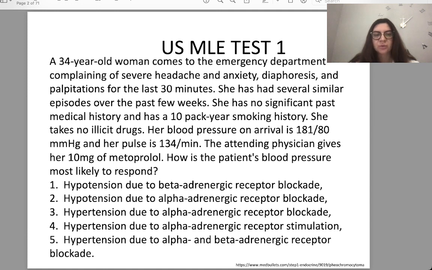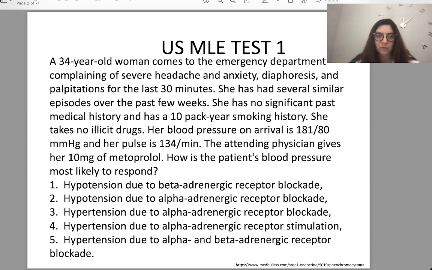She takes no illicit drugs. Her blood pressure on arrival is 181 by 80 millimeters of mercury and her pulse is 134. The attending physician gives her 10 milligrams of metoprolol. How is the patient's blood pressure most likely to respond?